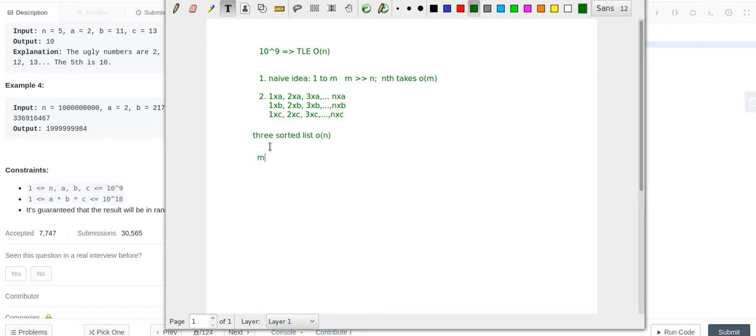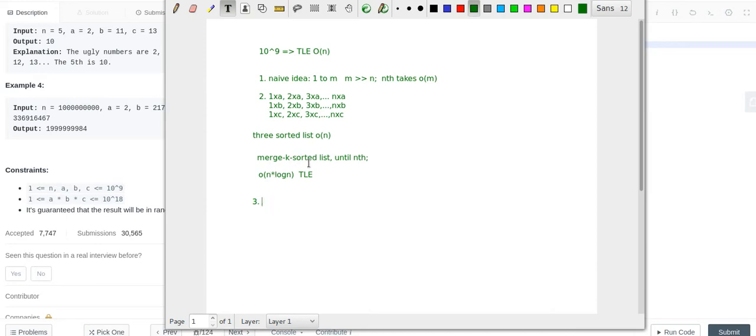So it's like we merge the sorted lists until we find the nth number. This also takes O(n) time, probably O(n log n) if we use a heap to find the nth number. So it will also cause TLE.